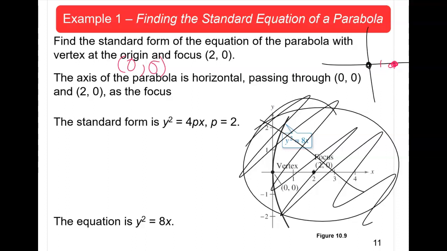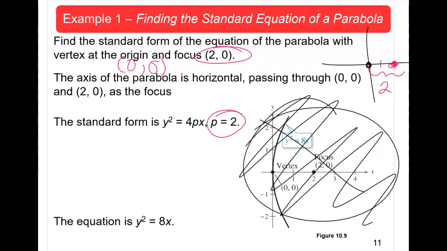Moreover, we said that the distance from the vertex to the focus, which in this case is 2, is going to tell us the value of P. And so from those two points, we know that the value for P is 2.